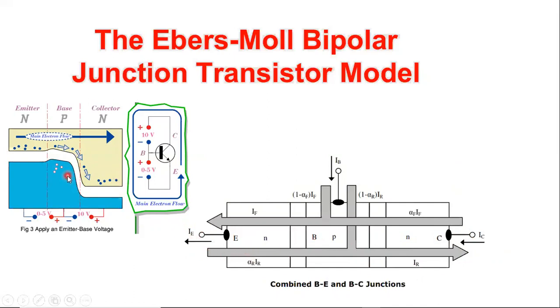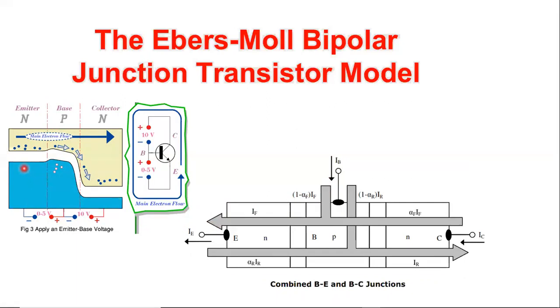Then, as we can see also, we have holes, and these holes can move from the base to the emitter, because this junction is forward biased if the transistor is in active mode. So you can see this direction. Holes can move from here to there in this direction, as you can see. So this is the motion of holes from the base. And this is actually what we know.